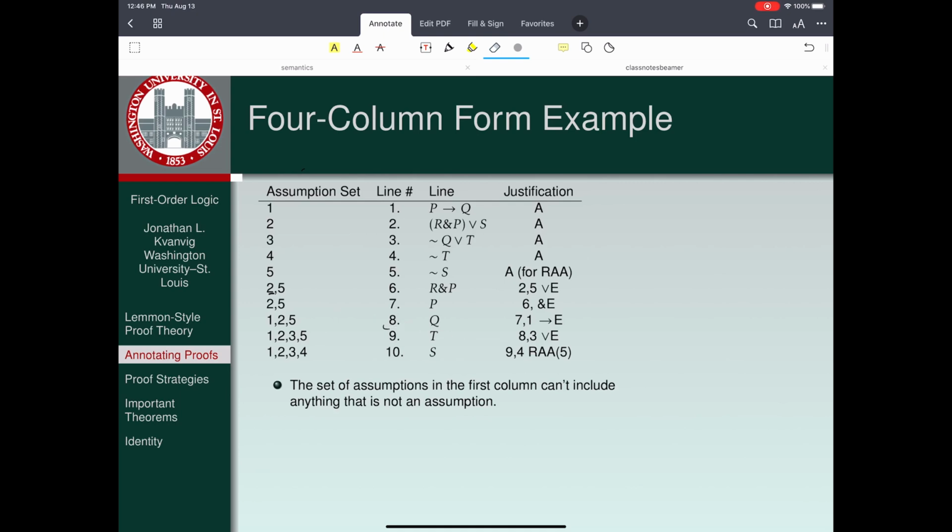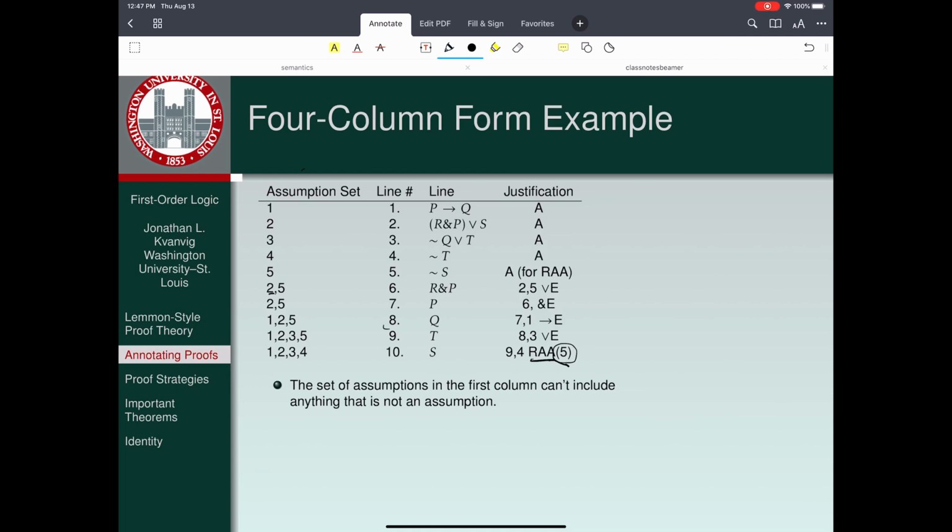The only time you subtract from the assumption set is when you use a discharge rule. For propositional logic, that's either one of the two forms of RAA or arrow introduction. In those cases, we annotate by putting the discharged assumption in parentheses after the rule that we cite. In the case of this problem, we used RAA, so we put 5 in parentheses after citing the rule.